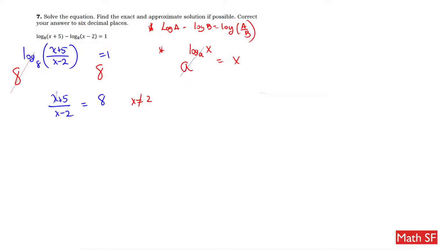Now I want to get rid of the denominator, so I'm going to multiply by x minus 2 each side because I want to get rid of that fraction. Eliminate here or simplify.